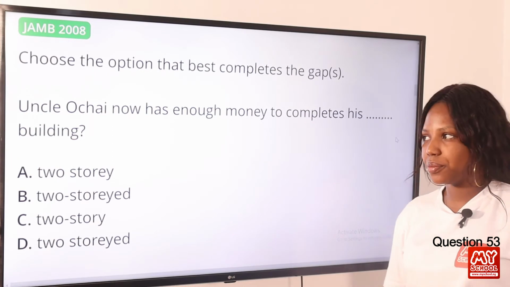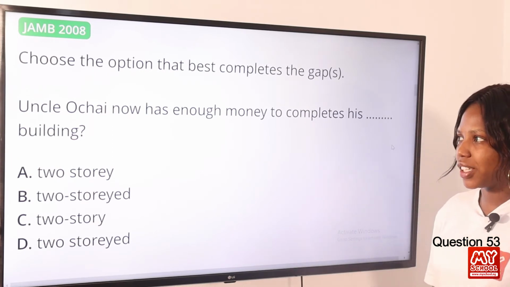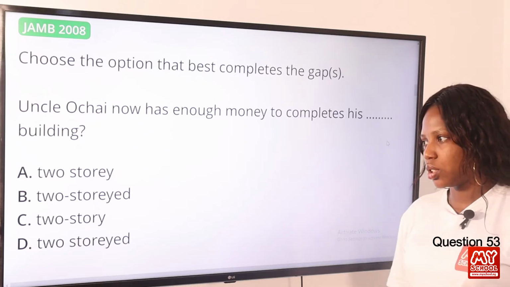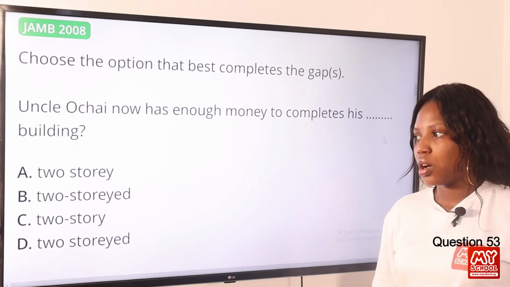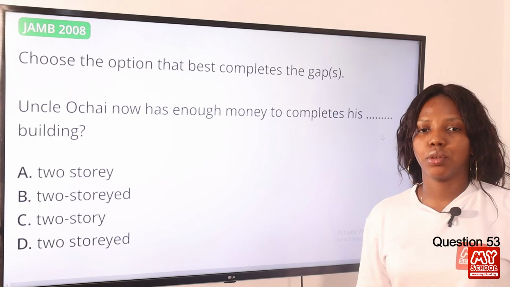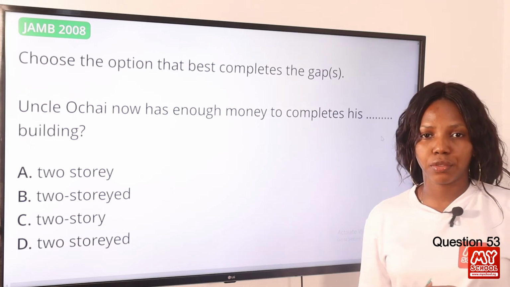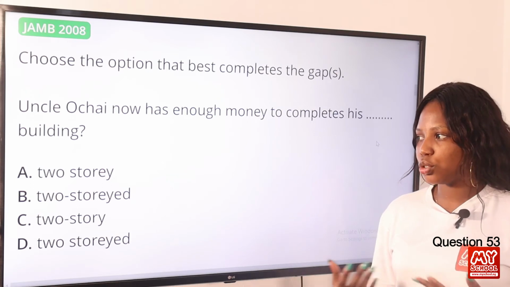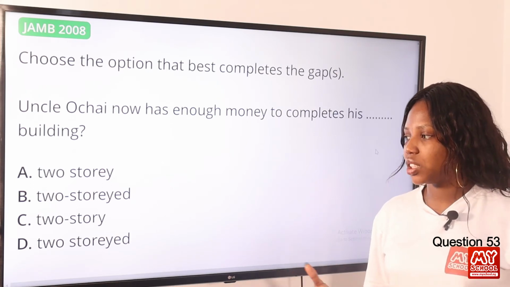Question 53. Uncle Chai now has enough money to complete his dash building. Okay, so a two-story is a building with two levels or two floors. We can see that the word should be two-story, but then it has been written in different ways.